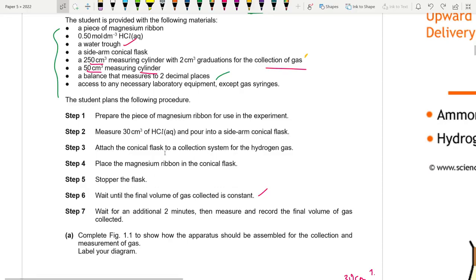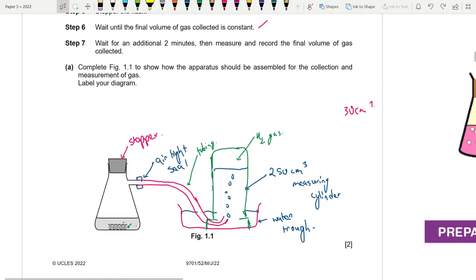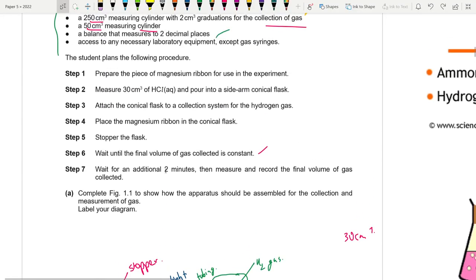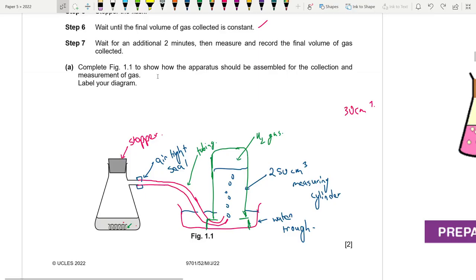So attach the conical flask to a system for collection of hydrogen gas. This is the system. I'm giving you the details in a bit. But it needs to be airtight, by the way, okay? No gas can escape. Place the magnesium ribbon in the conical flask. So there's a flaw in our system, okay? After we attach the system for collection of gas, we put the magnesium ribbon in.